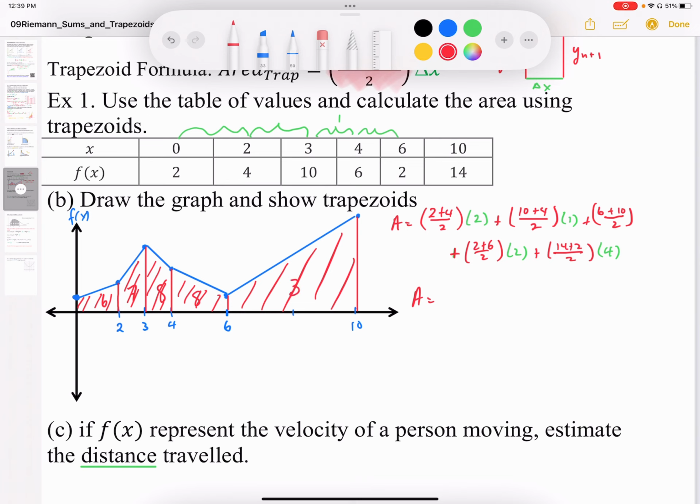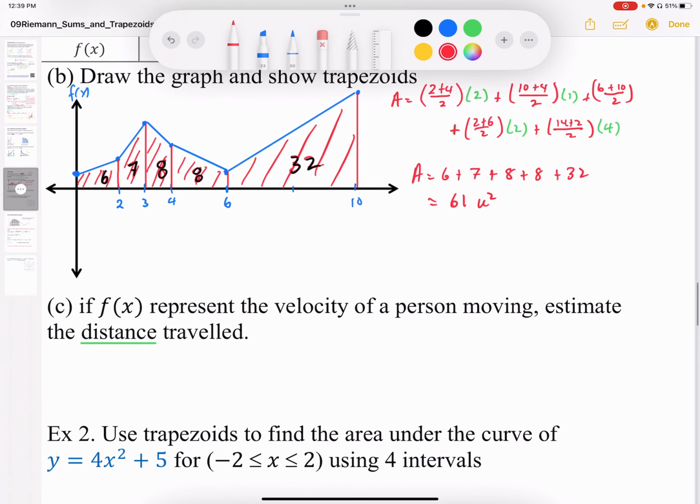This one has an area of 32. So the area that we're going to calculate is going to be 6 plus 7 plus 8 plus 8 plus 32, and we end up with an area of 61 units squared.